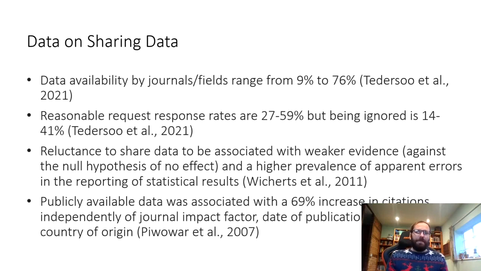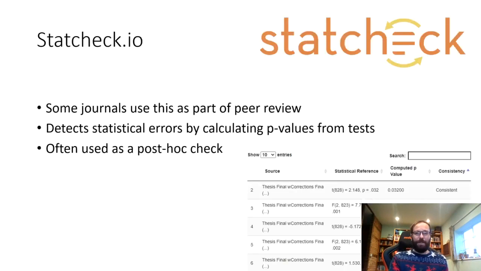So what can we do if people don't share data and don't share things? That's a valid concern. One way of dealing with this is to try and work out whether there are inconsistencies. This is where StatCheck comes in. It's a really interesting program, and it attempts to extract core results from PDFs, Word documents, whatever, and look at whether the p-values are consistent with the other numbers in the equation reported.